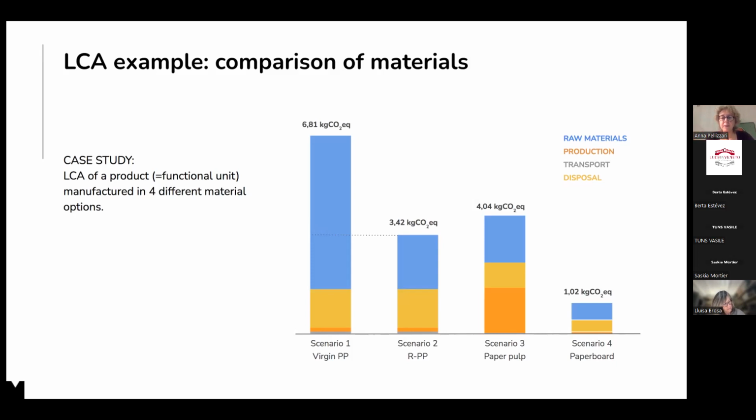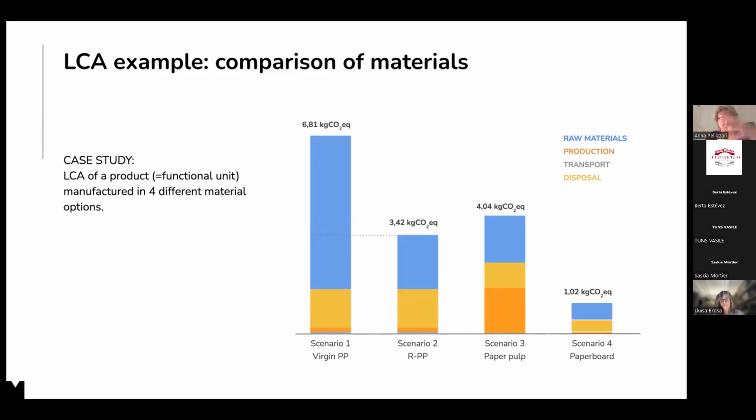So instinctively, one would think that using paper pulp, paper, is good, no? It's a good material, plastic is bad, paper is good, and this is the mantra that we hear every time. But in this specific case, the company had the idea of replacing polypropylene with paper pulp, which is the formed paper that is used, for instance, to make egg containers.